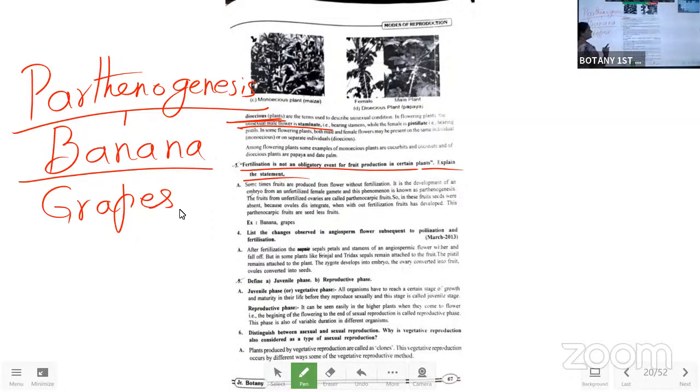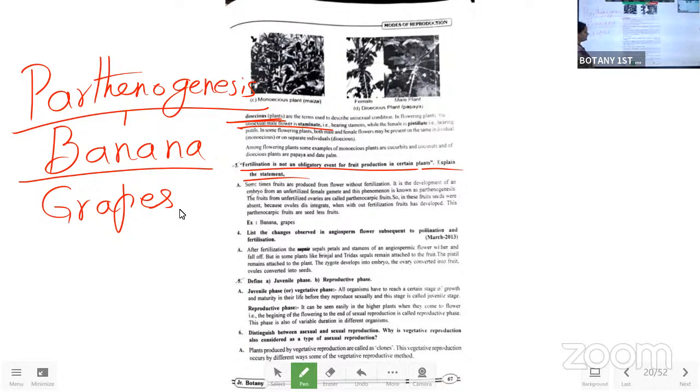And whenever the ovules never turn into the seeds, the fruits are seedless fruits. Example, banana. In the banana, the naturally occurring parthenogenesis can be seen. And in some plants, we can induce the parthenogenesis. Example, grapes. For the commercial process, we will induce the parthenogenesis.